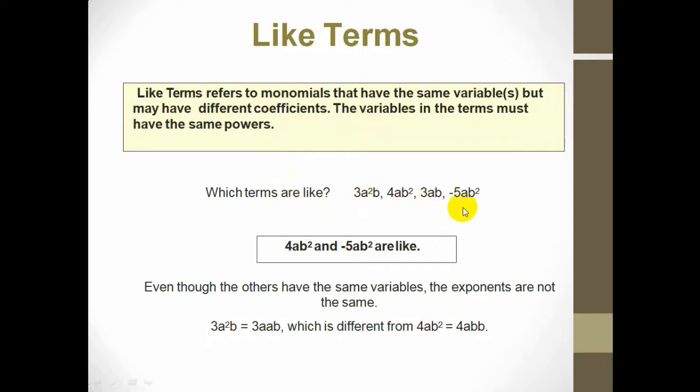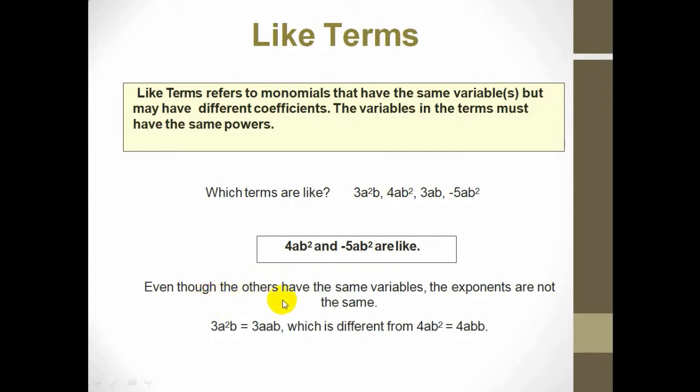In these four terms, 3a square b, 4ab square, and minus 5ab square. 4ab square and minus 5ab square are like terms because in this monomial and in this monomial, the variables and power are the same. The coefficients are different, but it is necessary for like terms that the variables and their powers are the same. So 4ab square and minus 5ab square are like terms.